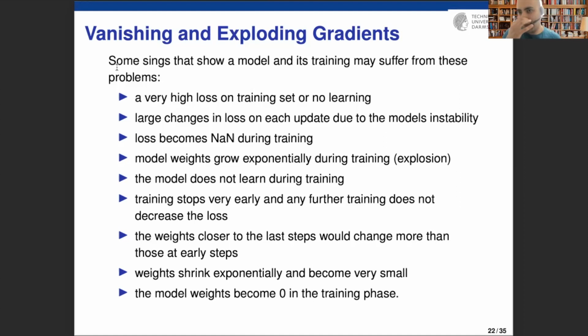The other symptom is that the training stops at the very early steps of training or fine-tuning, and further training steps do not decrease the loss. For example, in the first or second epoch, your model gets to the best performance, and then you do not learn afterward. When I say you do not learn afterward, it means that the value of the loss does not decrease.